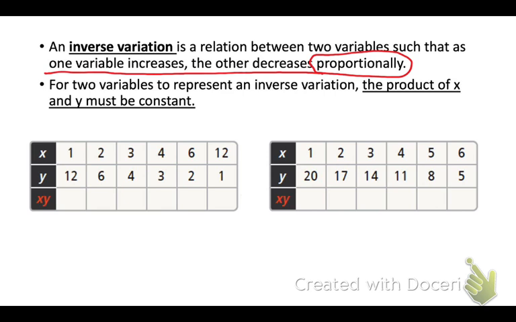So the question for you: are these two representations of inverse variations? Are we ready to start multiplying? So 1 times 12 is 12. 12, 12, 12, and 12.